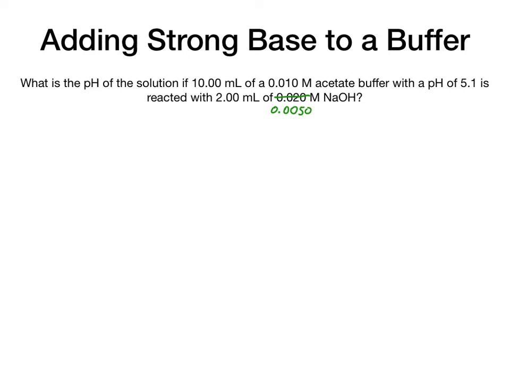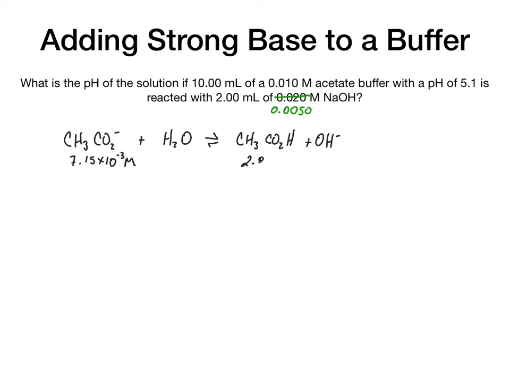Okay, so to start off with, I have a buffer of acetate, and so that means I have the weak base in solution with the conjugate acid. And this is the same buffer solution that we've been working with. And so I have 7.15 times 10 to the minus 3 molar of this, and I have 2.85 times 10 to the minus 3 molar of the acetic acid.